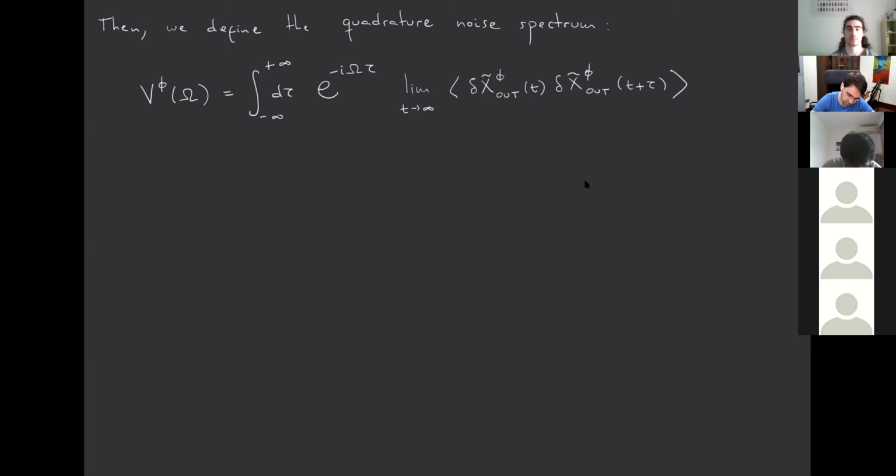So the first thing, let me just write it down, is that of course the two-time correlation function of these output operators at t and t prime, so quadratures, we can write in terms of the normal order form, okay? So just bringing annihilation operators to the right and creation operators to the left, using the commutation relations of the output field, we can write it in this way.